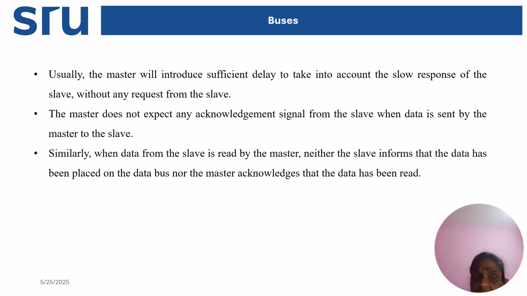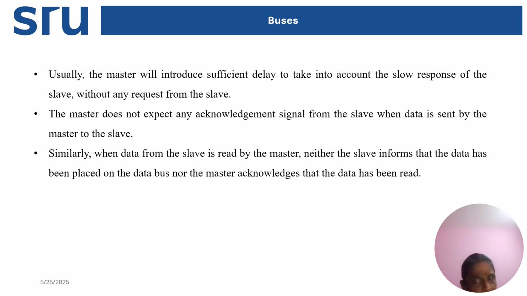The master does not expect any acknowledgement signal. So "I have received all the signal" will not be intimated by the receiver, the slave. Then the data is sent by the master to the slave. And similarly, the data from the slave is read by the master. If the data is sent by the slave, the master will not indicate that I have read your data.